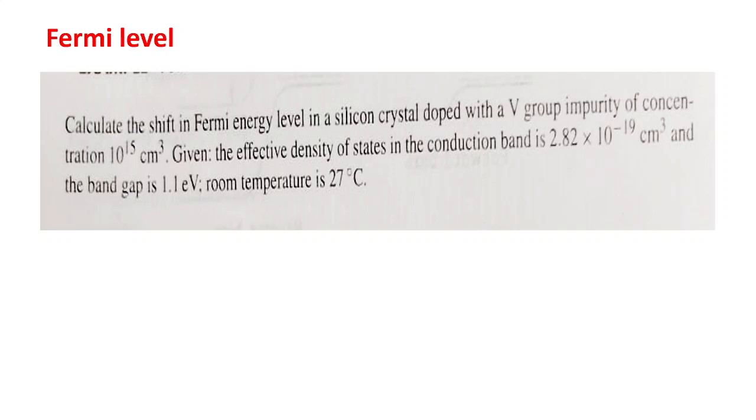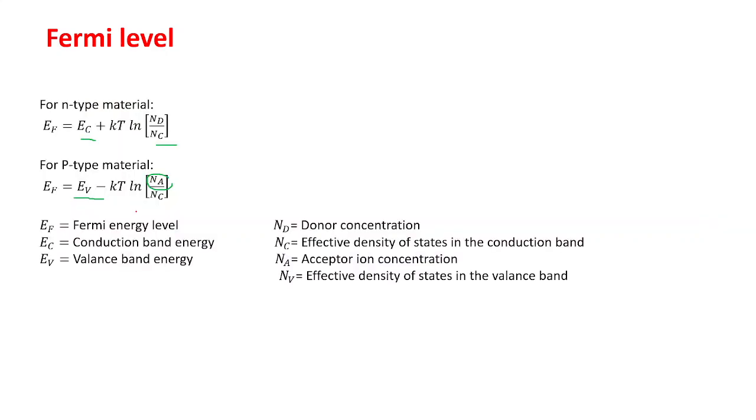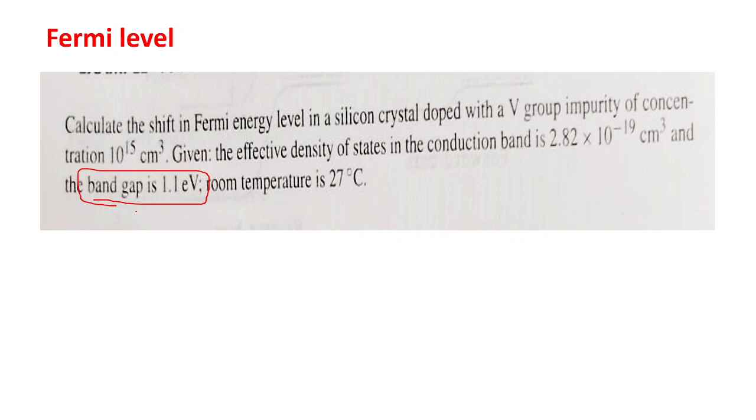Okay, so we will start one by one, starting from the EC. EF, the Fermi energy level, we have to calculate. EC is given here as 1.1 electron volt. After EC we know the value of K. Sir, the slide is not changed. We are not able to see the question. Is it visible now? No, sir, it's still the old slide.